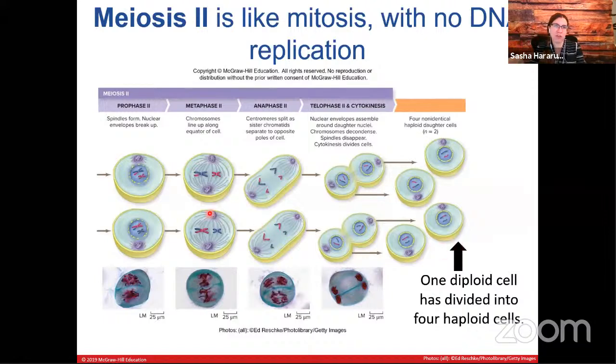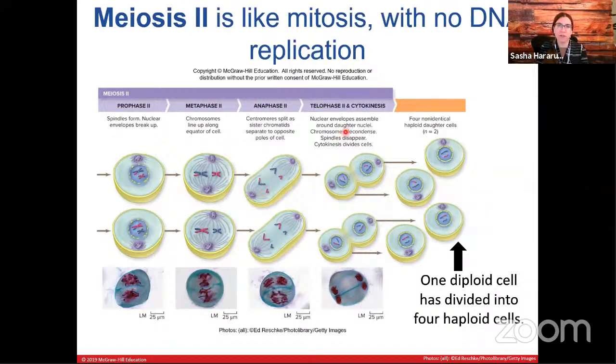They will just enter into prophase 2, where the nuclear envelope will dissolve. Then they will enter metaphase 2, where these chromosomes will line up along the equator of the cell. And during anaphase 2, the chromosomes are going to be pulled apart by the spindle fibers and be located at the polar opposites of a cell.